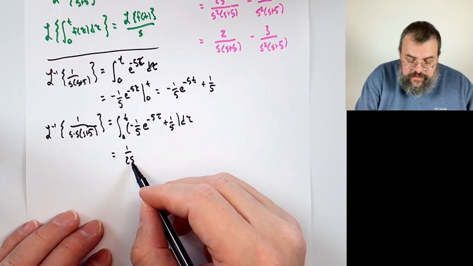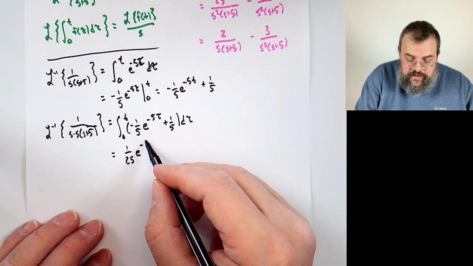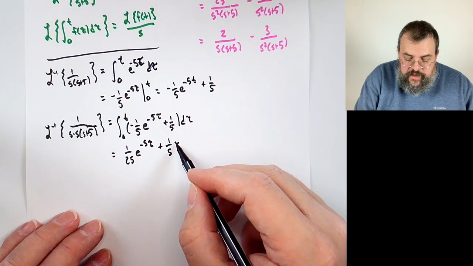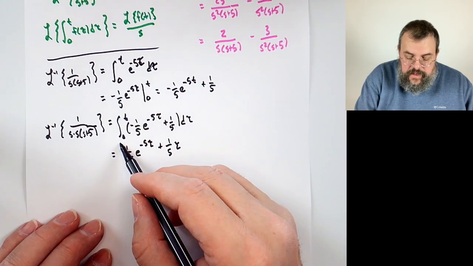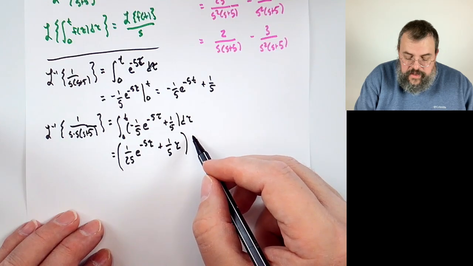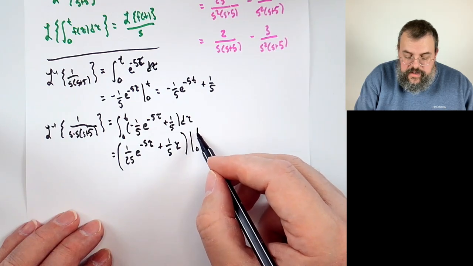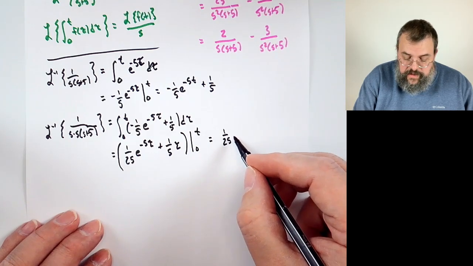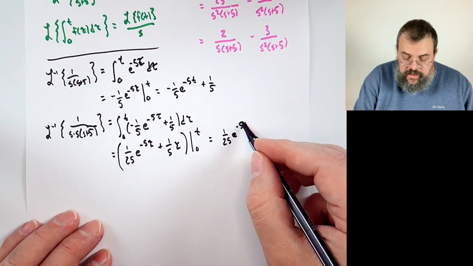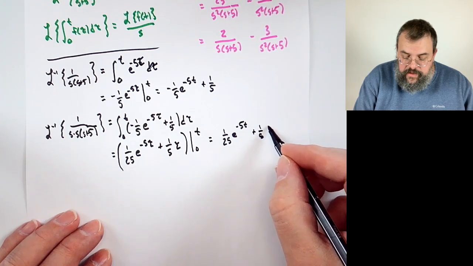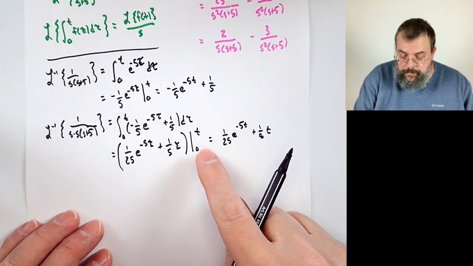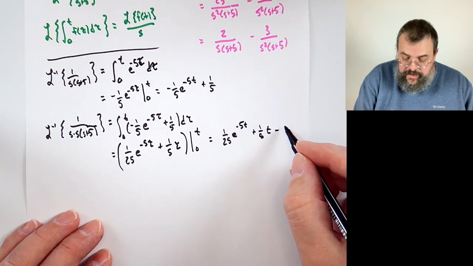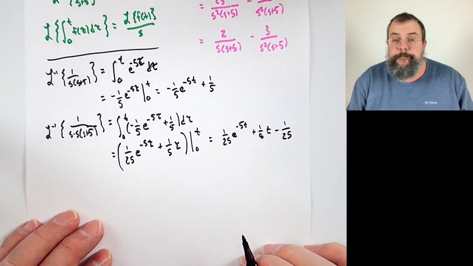Well, what will that be? 1 over 25 e to the minus 5 tau plus 1/5 tau, and we're going to evaluate that from 0 to t. When we plug in t, we get 1 over 25 e to the minus 5t plus 1/5 t. Subtract, plug in 0. You get 0 there, but we get something here, so subtract 1 over 25.